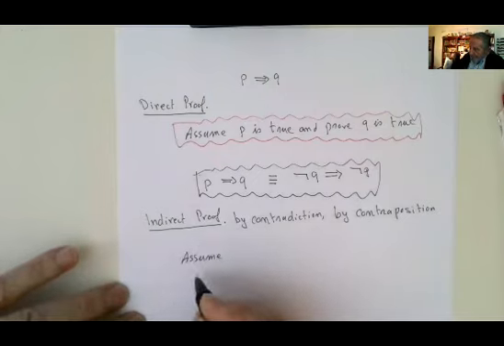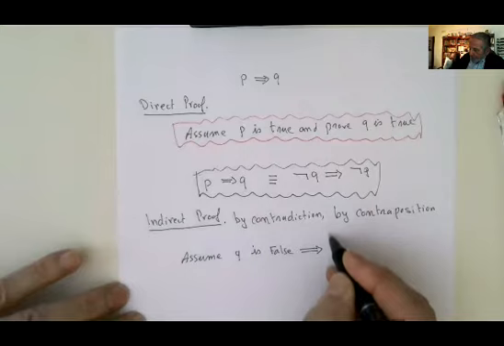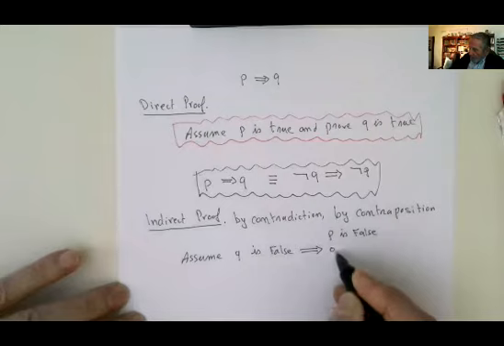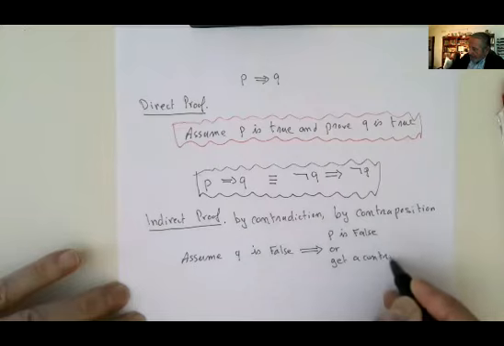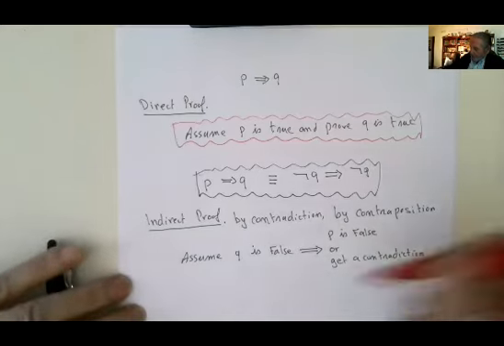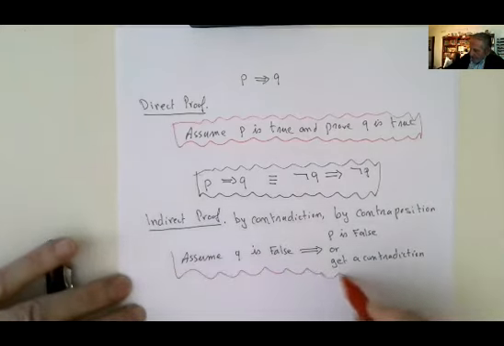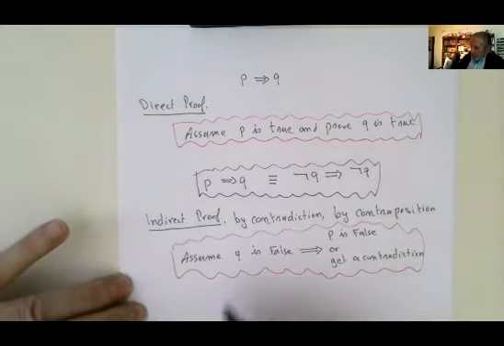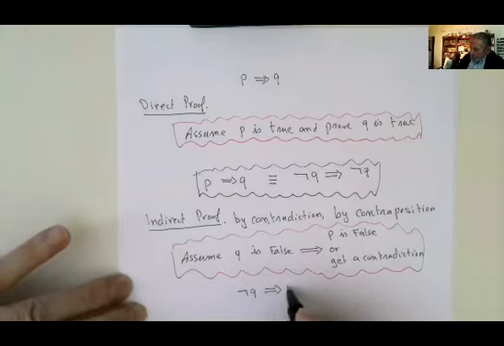So you assume Q is false, and you prove P is false, or you get a contradiction. So you are proving not Q implies not P.